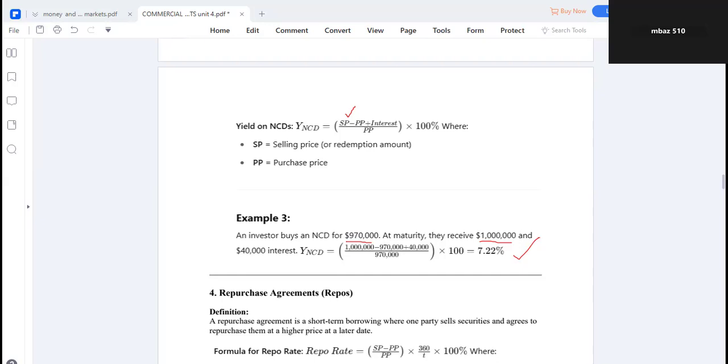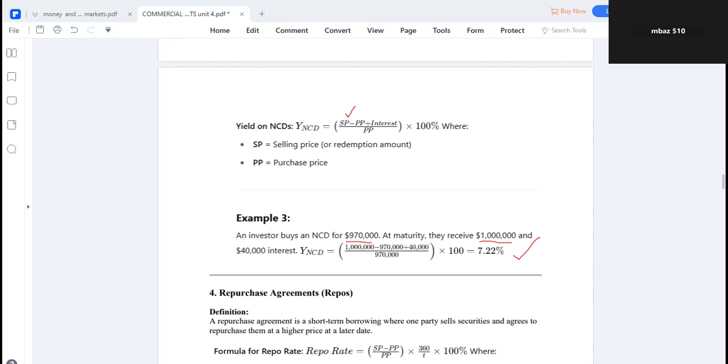Banks use these to raise their short-term funds for operations. The advantages are that returns are higher than savings, liquidity is high due to negotiability, it has low risk, and the fixed maturity provides predictable returns. The only limitations are, number one, you have market risk.